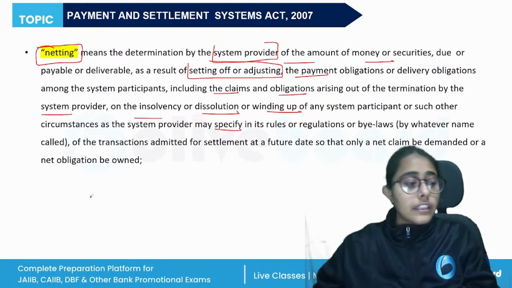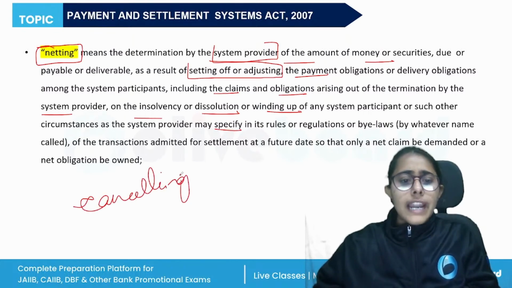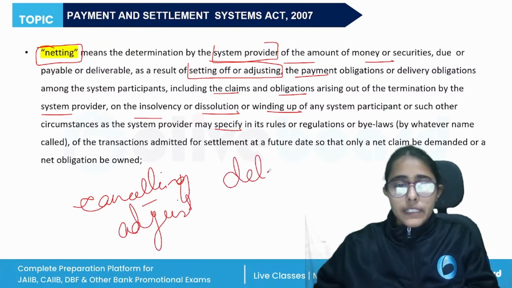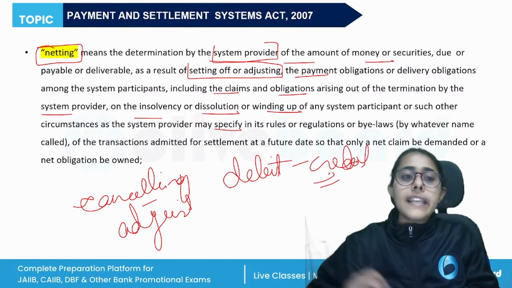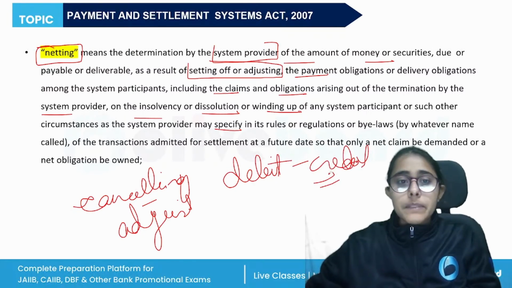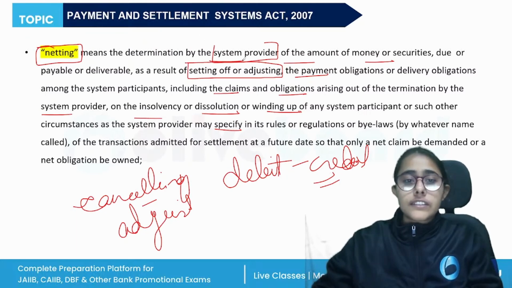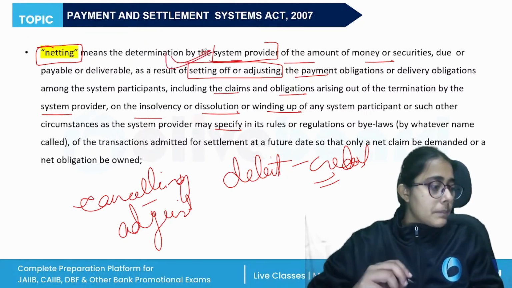So either we are setting off or cancelling, or adjusting any debit against any credit. This is the meaning of netting. Netting means the setting off or adjusting, so this is the term that you need to remember.